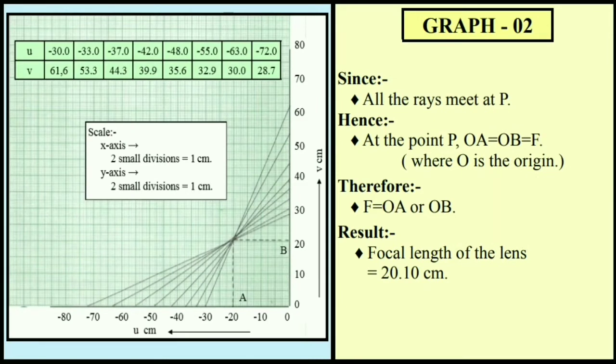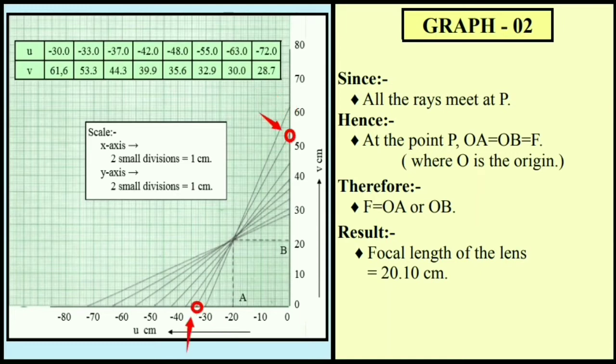Graph number 2. In this graph, again the object distance u is in x-axis and the image distance v is in y-axis, and both the axes have the same scale, where first u on x-axis and first v on y-axis are joined directly.